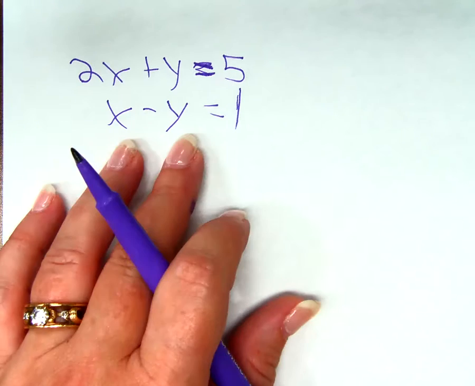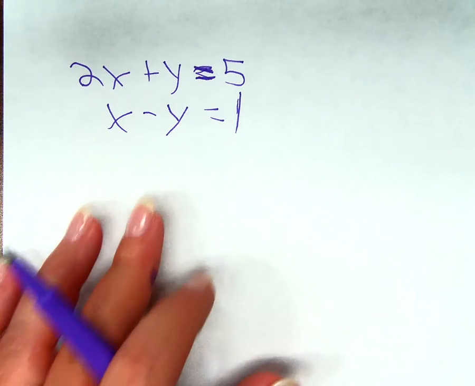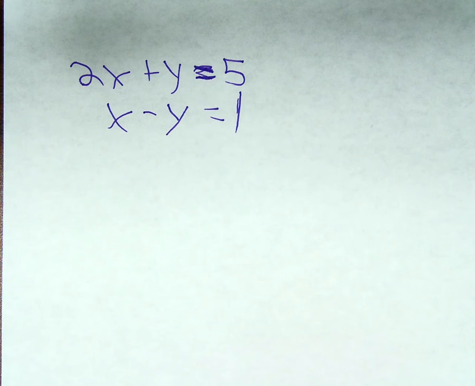So I need to choose one of these variables to solve for. I need to isolate one variable, and I need to substitute that value into the other equation for that variable. Now in a problem like this, all of the variables are pretty easy to choose. But there are some smarter ones to choose.